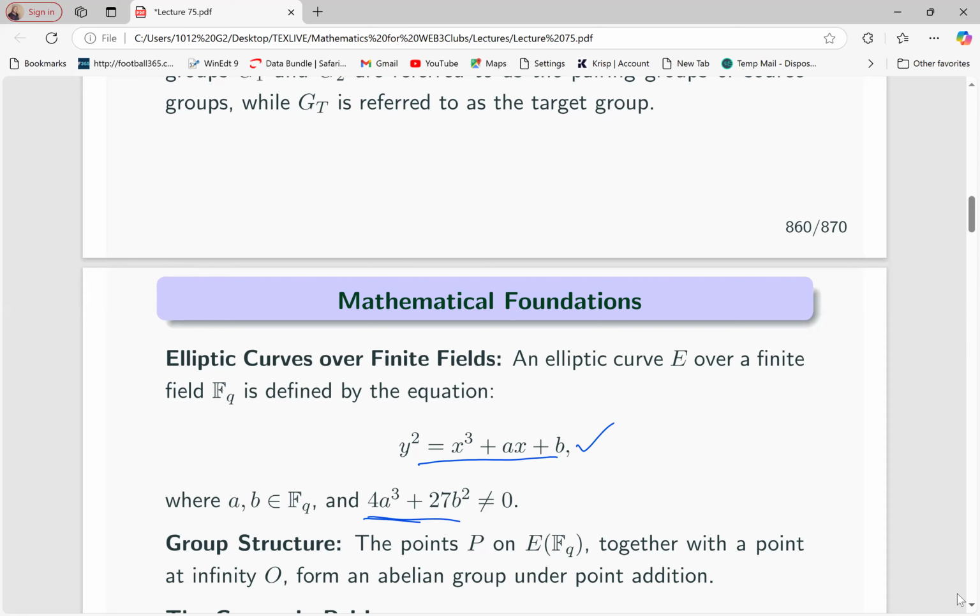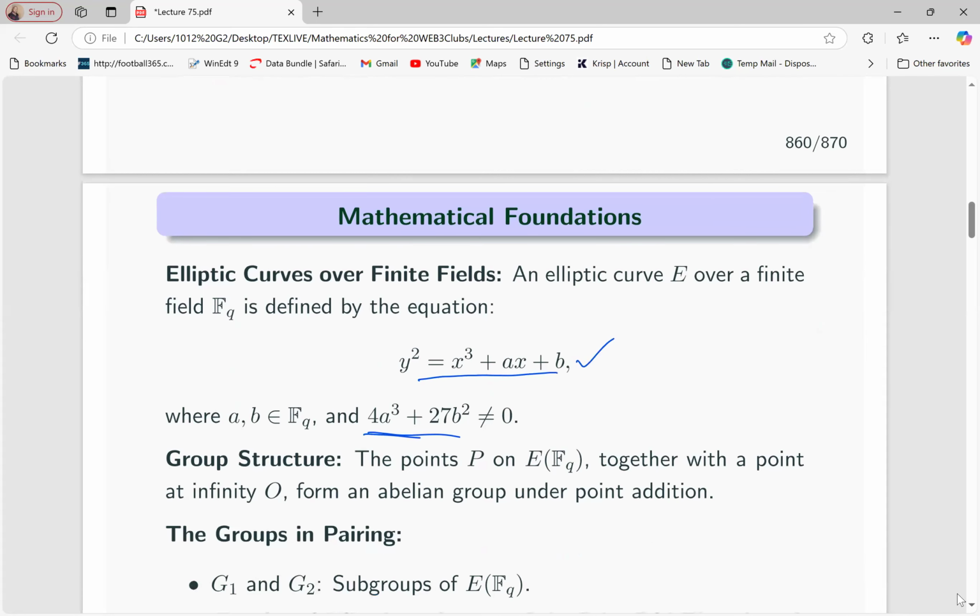The other thing that we also know is that if you are given an elliptic curve E of a field F mod Q, together with the point at infinity, I should have written it that way, just to be consistent with my symbols.